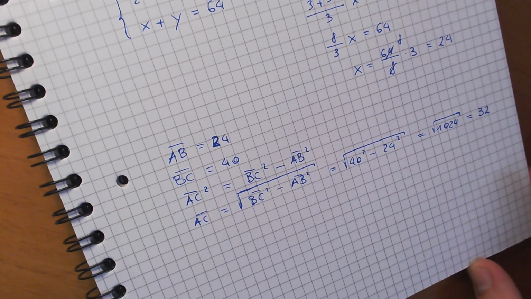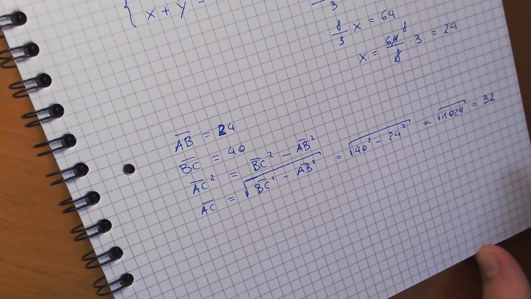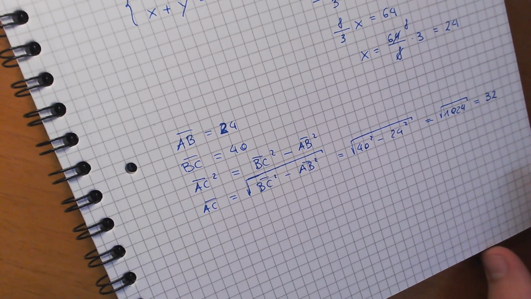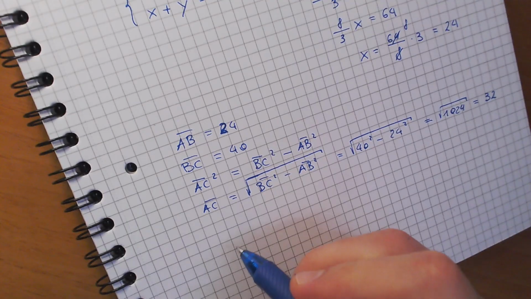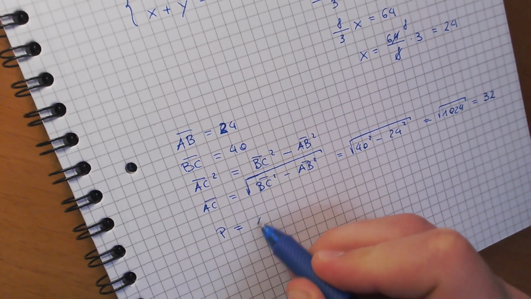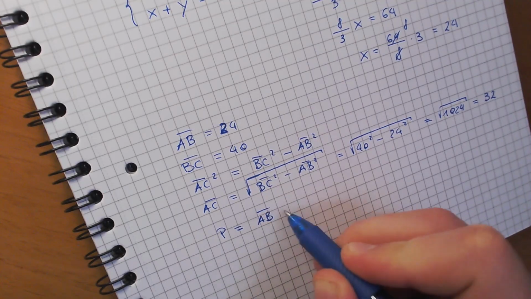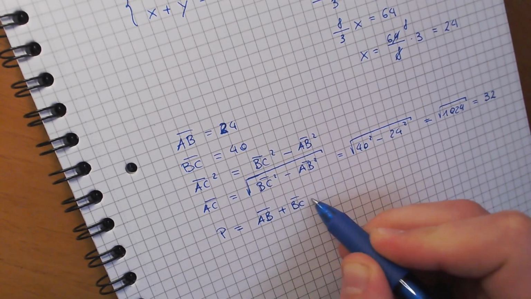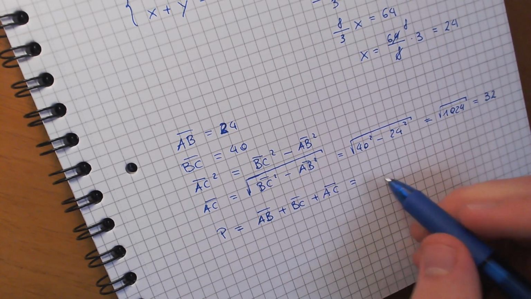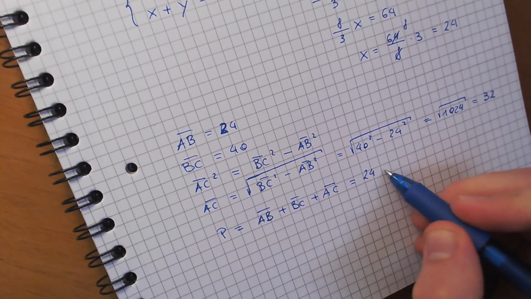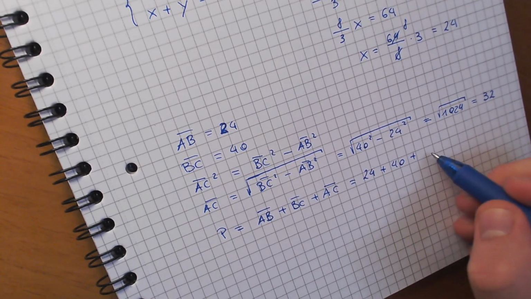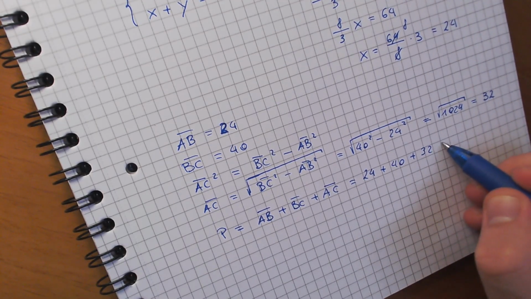And now, having said that, we can calculate the perimeter and the area of the triangle, because the perimeter is given by the sum of AB, BC and AC. We know that AB is 24, BC is 40 and AC is 32.